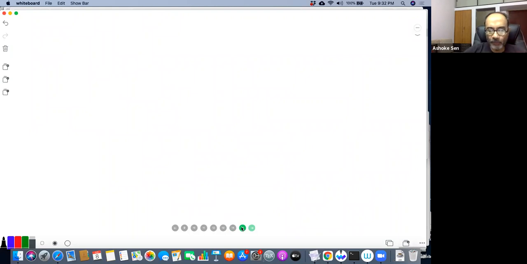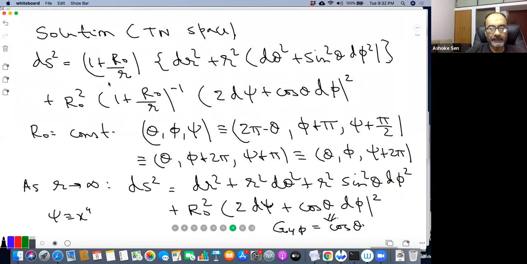So we'll now examine the metric near the center. Now you see that the metric looks singular at the center. But that singularity is actually a coordinate singularity, and we can make a change of coordinates to remove the singularity.